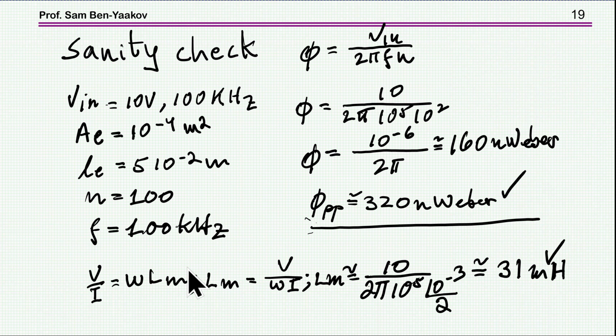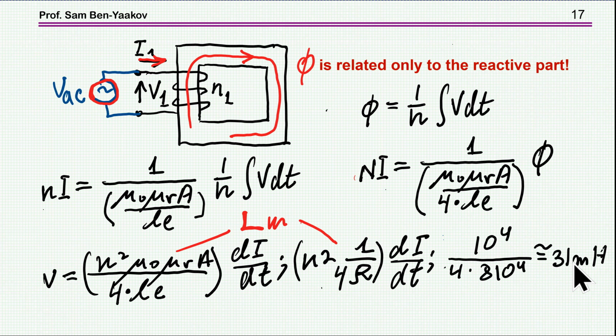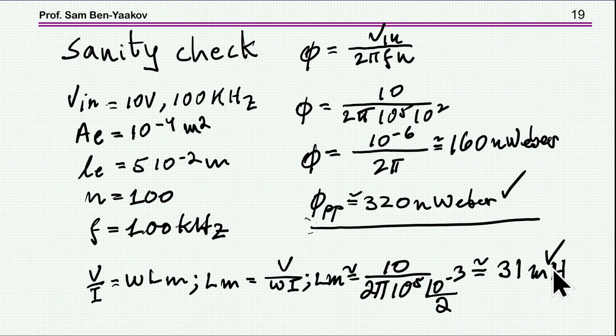And for the current, this is the impedance of the inductance, V over I, and it is calculated to be 31 millihenry, and this is what we have calculated before. So there is clearly a very good agreement between the simulation and the expected values.